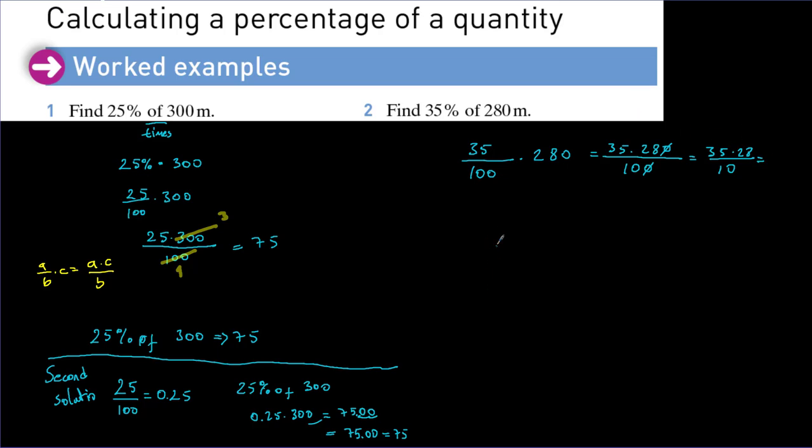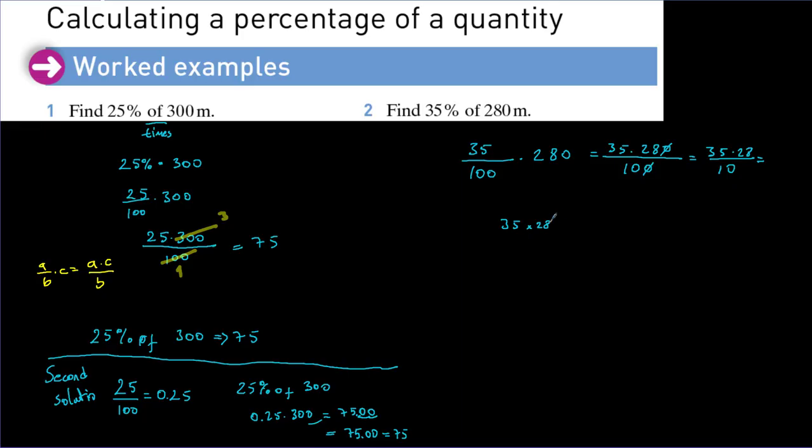The result is, find 35 times 28. We can multiply like 28 times 30, and then we will add the half of it. 28 times 30 should be 720, I think.